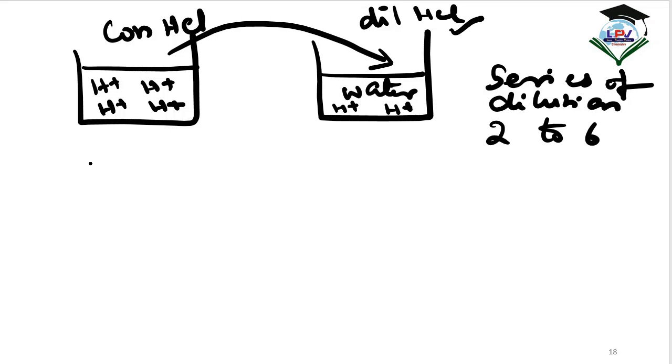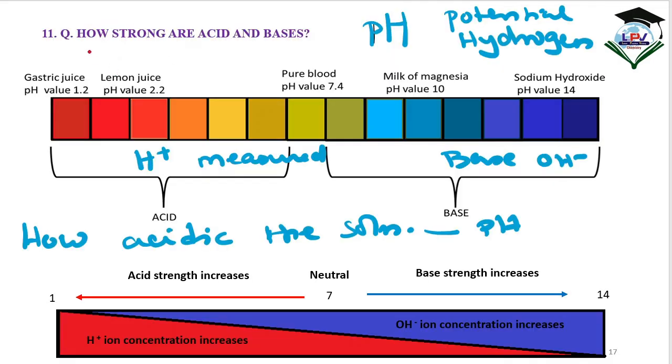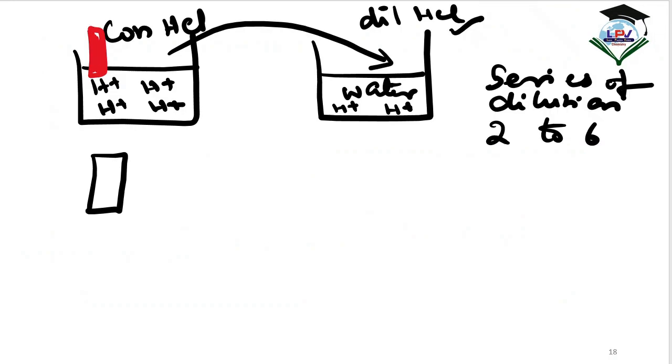Now let me take a pH strip. When this pH strip is dipped in the concentrated hydrochloric acid, we find a red color. Now I'll check the red color with this chart. I see that it is pH 1. Now take another pH strip and put it in the dilute HCl.